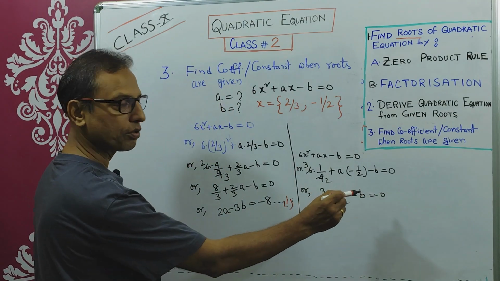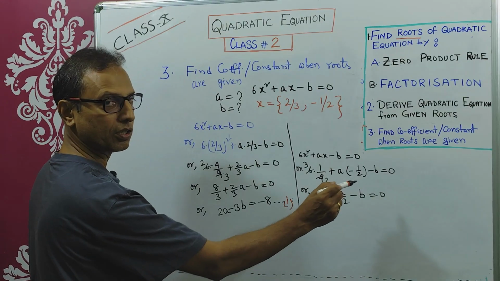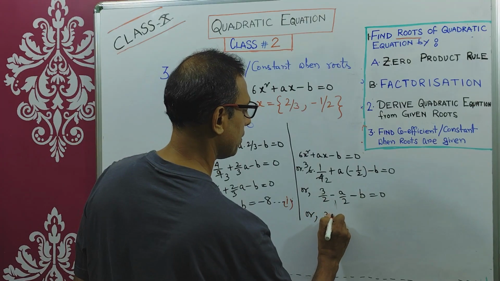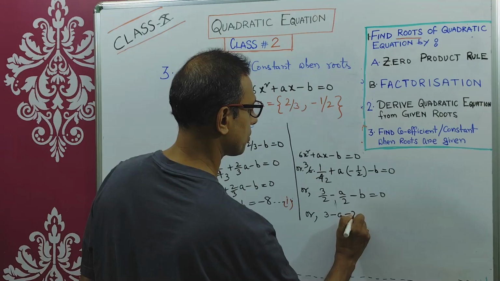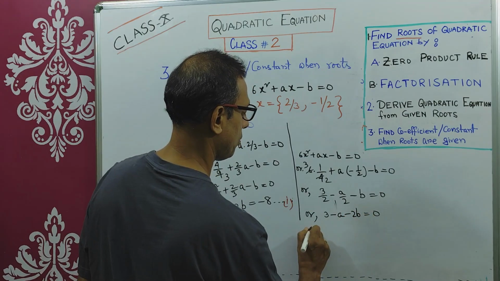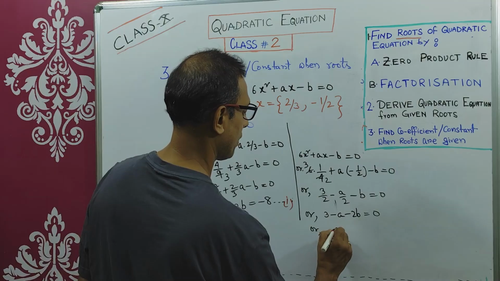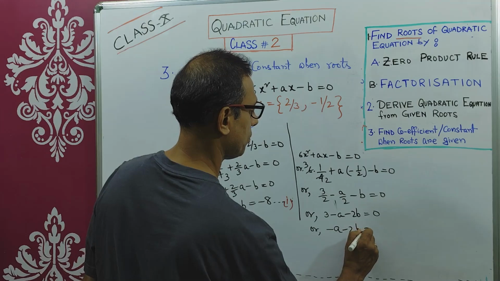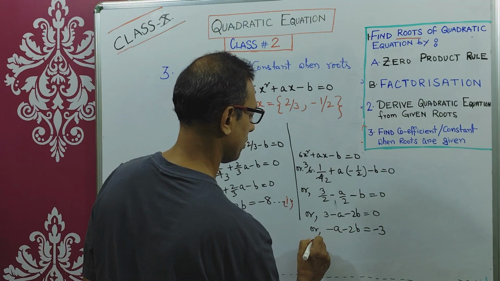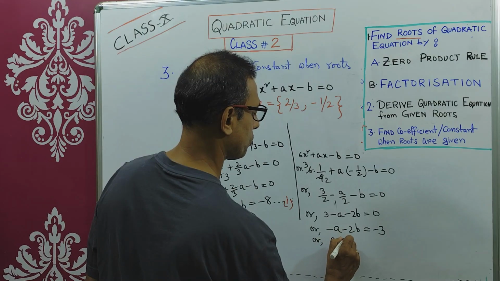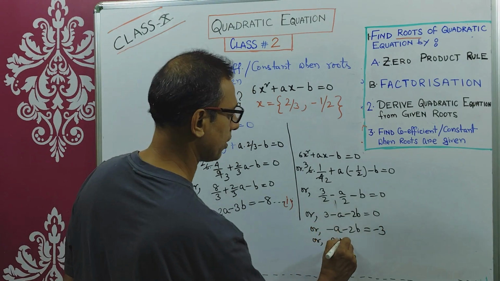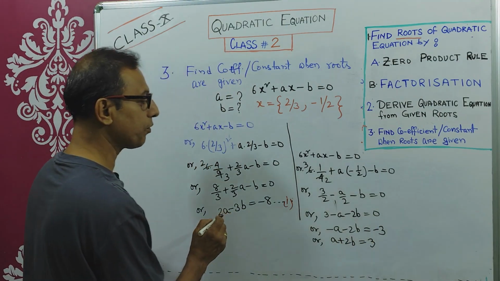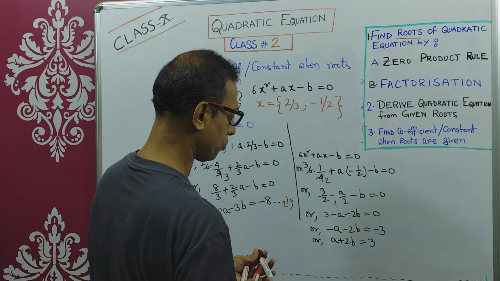Right? Now you need to multiply, because you need to eliminate the denominator part. So you multiply with 2, so 3 minus a minus 2b equals 0, or minus a minus 2b equals minus 3, or multiplying both sides with minus 1, a plus 2b equals 3. So this is equation number 2.